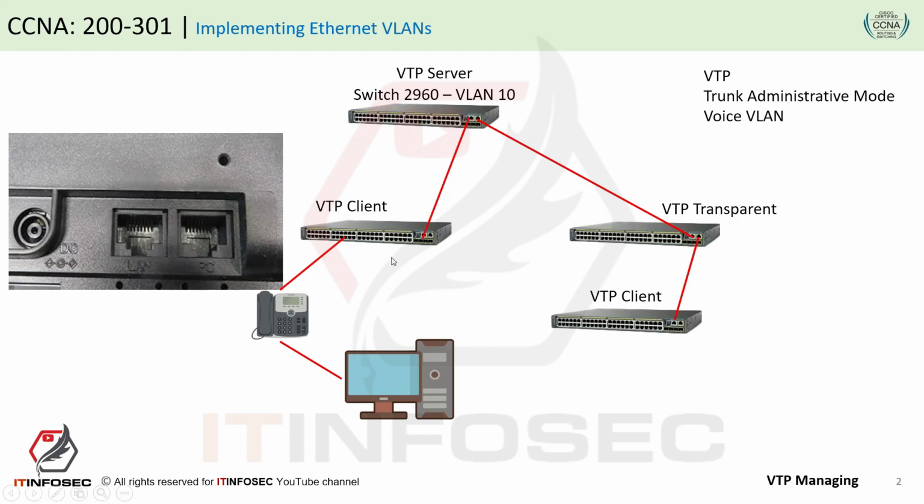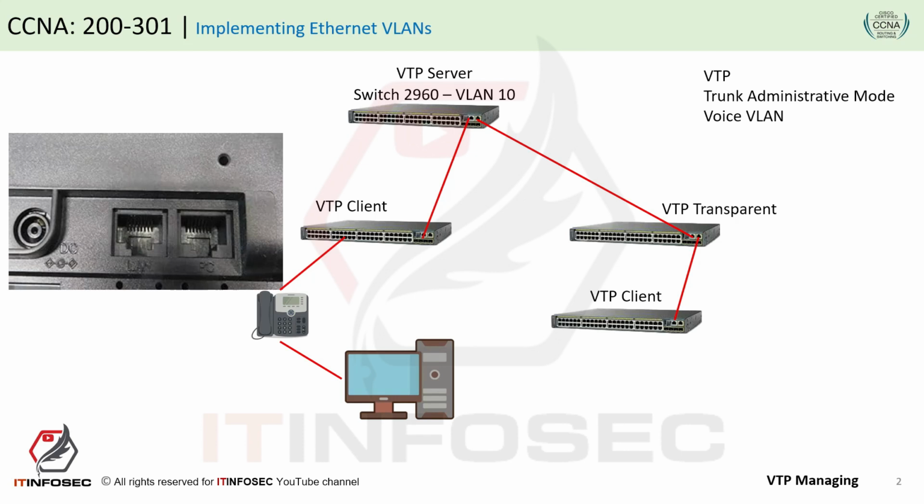Because this is voice, and this is data. Data packets need to transfer from this computer, and voice packets need to transfer to or from this IP phone. They are separate protocols with separate quality and separate priority for packet transferring. So we need a specific configuration.